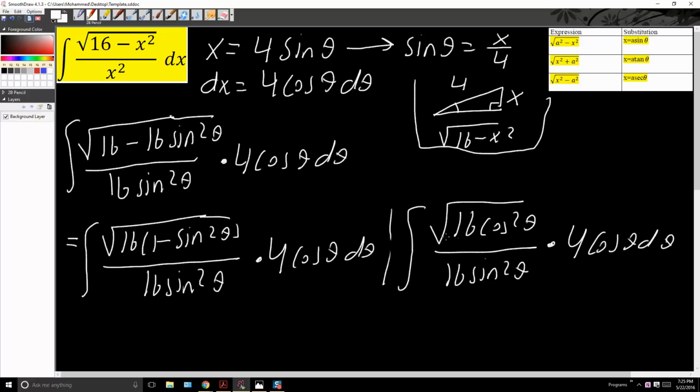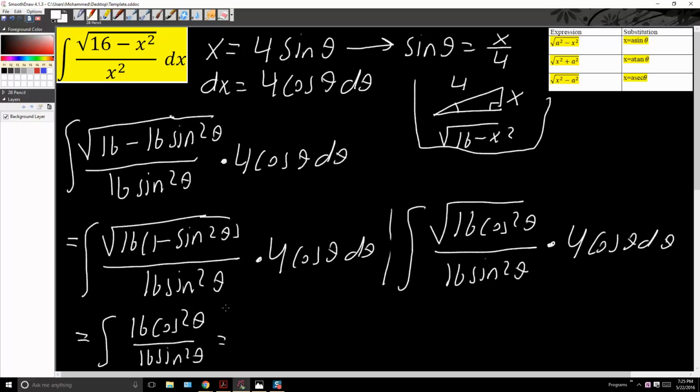And by doing this, the square root of 16 cosine squared theta would be 4 cosine theta. So we multiply 4 cosine theta times 4 cosine theta, we'll get 16 cosine squared theta. So what we're going to have here is 16 cosine squared theta divided by 16 sine squared theta.